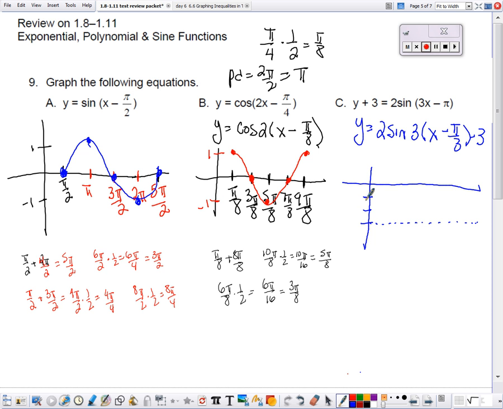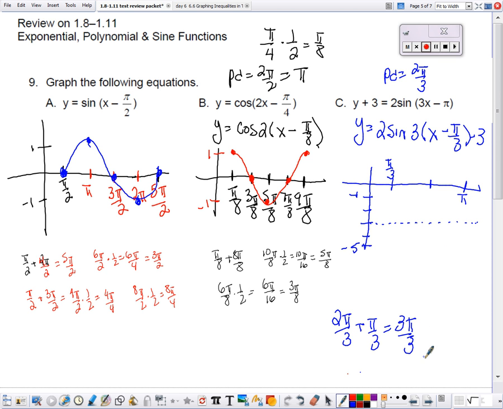Then I'm going to go up 2 from there, and then down 2. I start to the right pi/3, and my period is going to be 2 pi/3. Well, I need to go that many units away, so 2 pi/3 plus pi/3 gets me to pi.